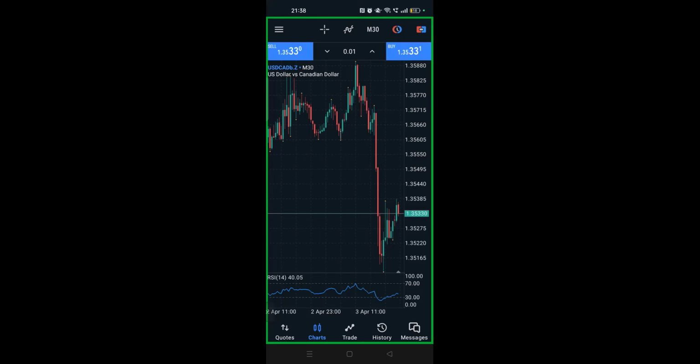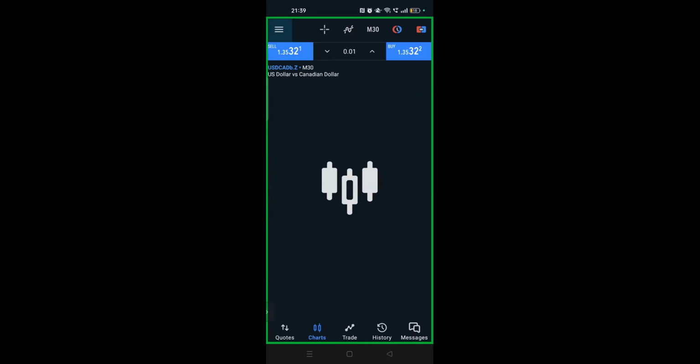On the chart, you can add indicators. Now, how do you add indicators? Before M30, there is something like a cross. That cross is called crosshair. In between that is something like, I don't know how to call it, a twist with like a stick inside. Click on that. Not the crosshair, the center one in between the M30 and the crosshair is the indicators.